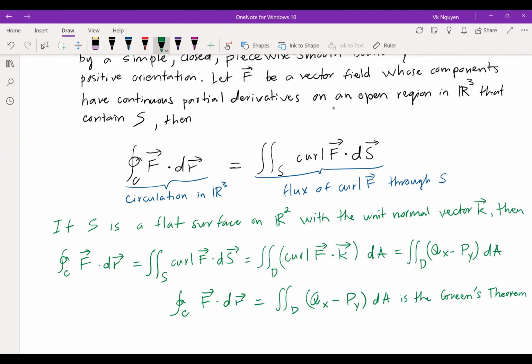And so as you can see, Green's theorem is just a special case of Stokes' theorem.